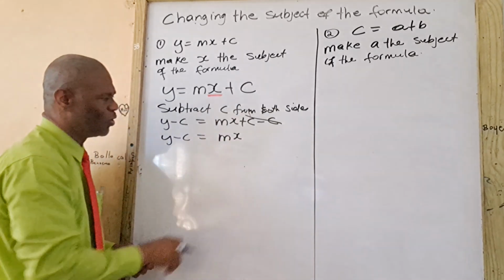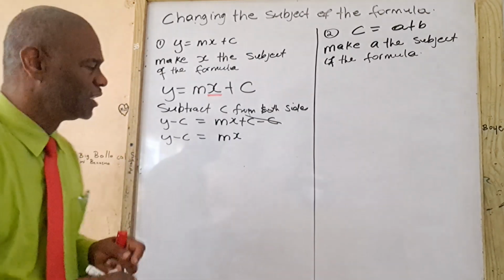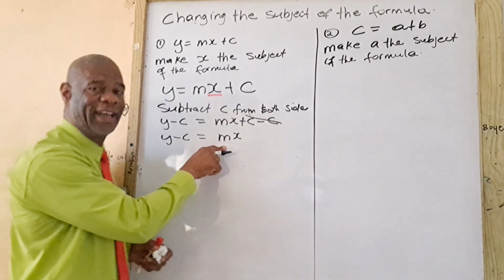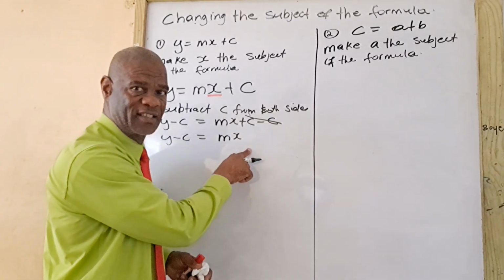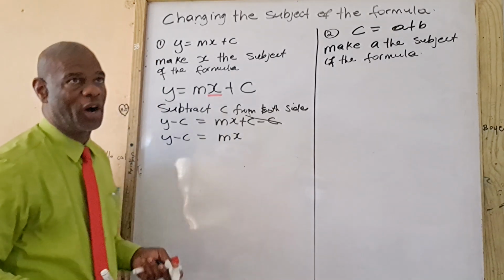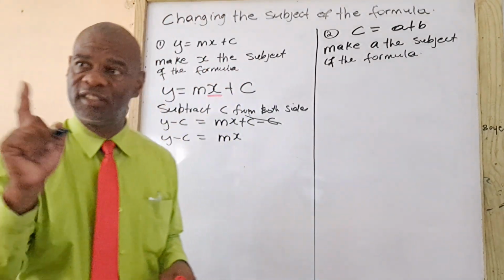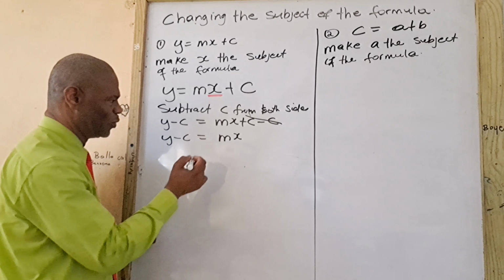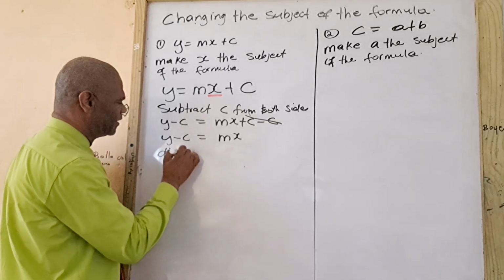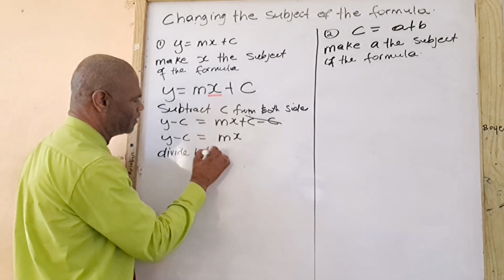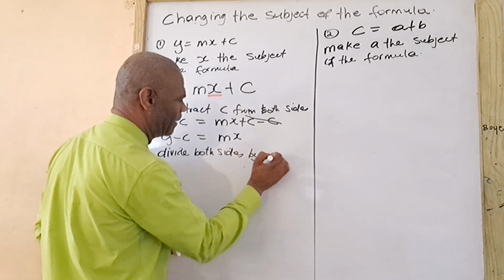Now we have y minus c equals m times x. What do we want to make the subject of the formula? x. Good, and so we need to get rid of the m. Here we have m times x. To undo multiplication, we perform its opposite operation, which is division. So we are going to divide both sides by m.